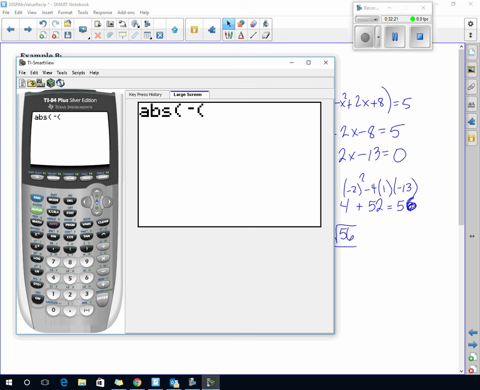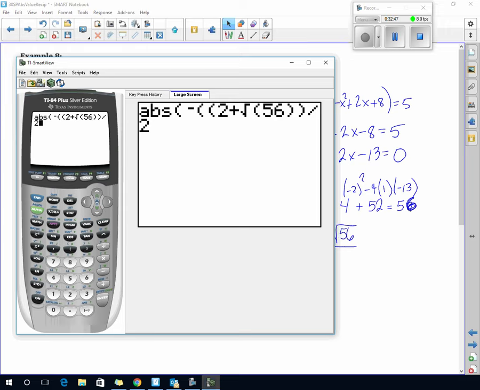So bracket 2 plus square root of 56, you got to end that square root. You got to end the top part divided by 2. And then you got to close that bracket and square it. And then what else does it say to do? Plus 2x. So plus 2.